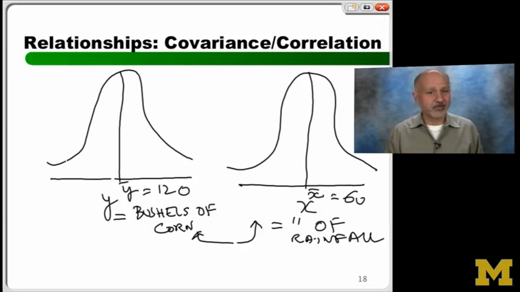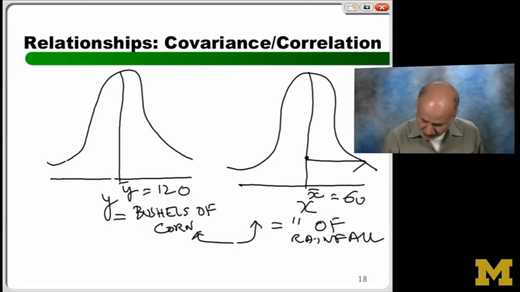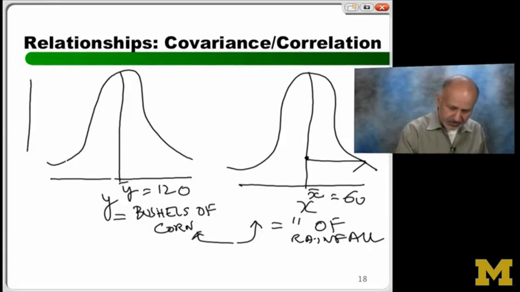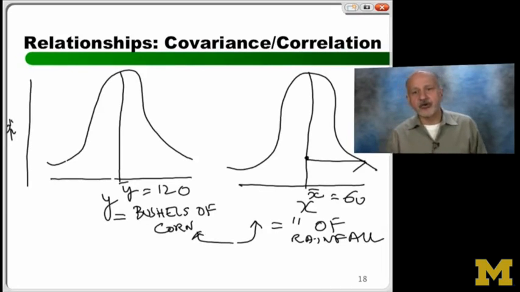So the very simple way of thinking about it is the following. Ask yourself, when rainfall is below the average, and remember, here are the probabilities. When rainfall is below the average, what the heck is corn doing?